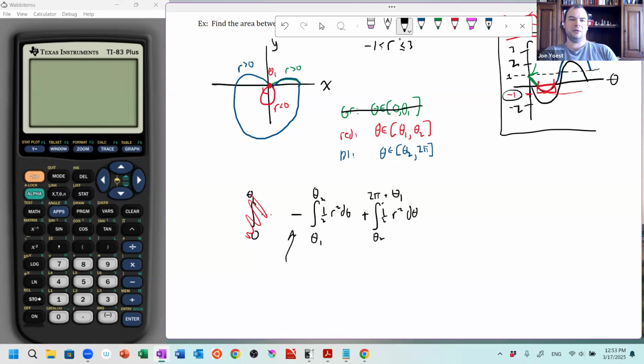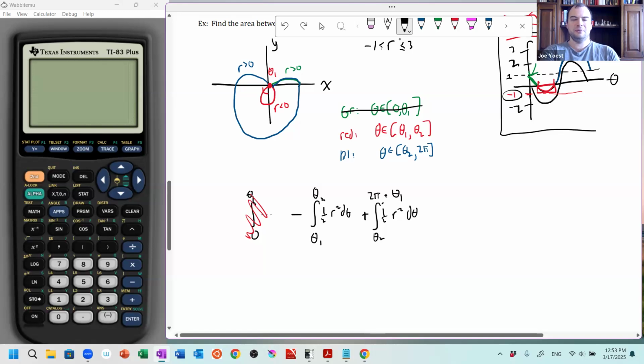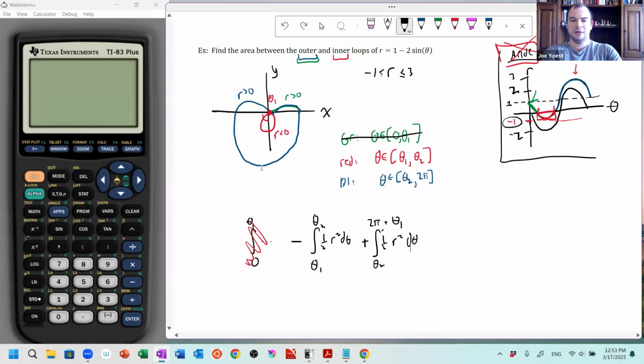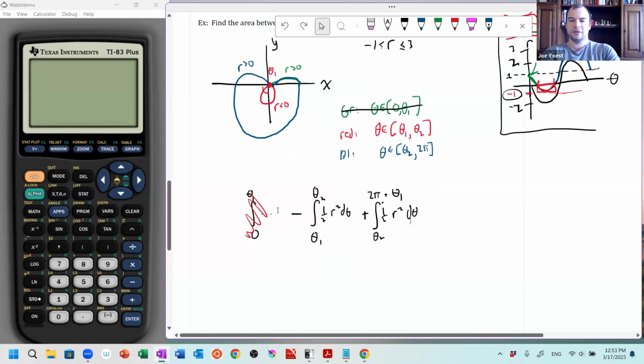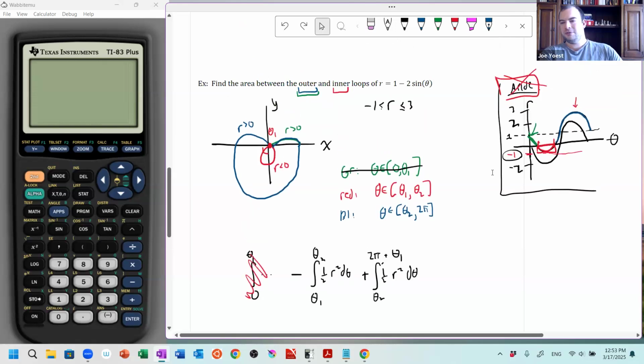This negative here that we put in manually takes care of the between-the-curves part, meaning subtract the area inside the red curve from the area inside the blue curve. This r squared is squaring off any effect of r being negative here.